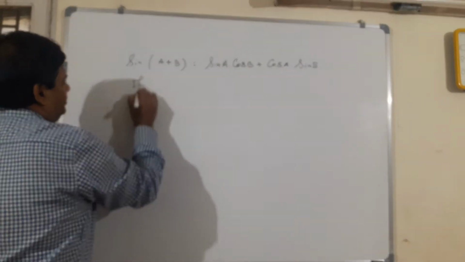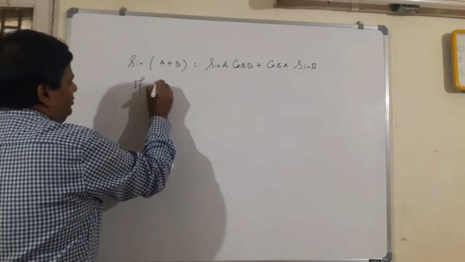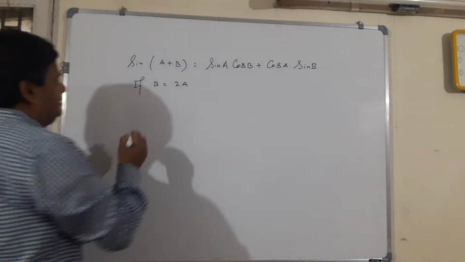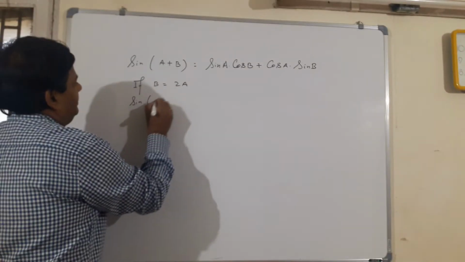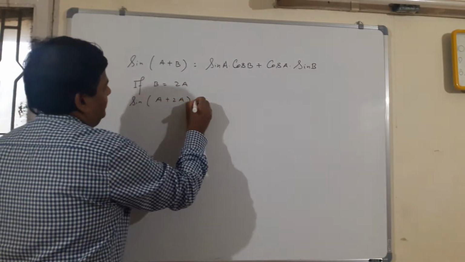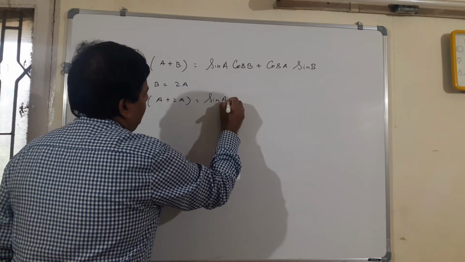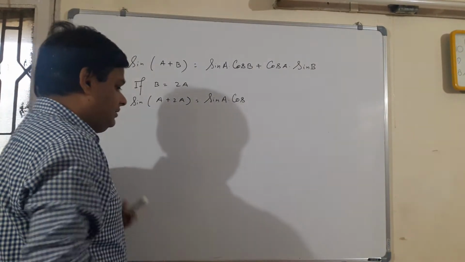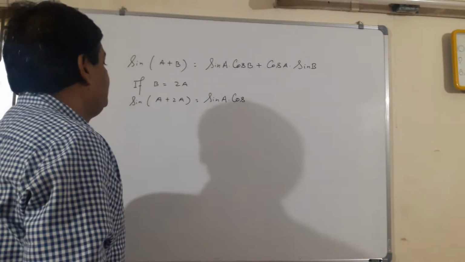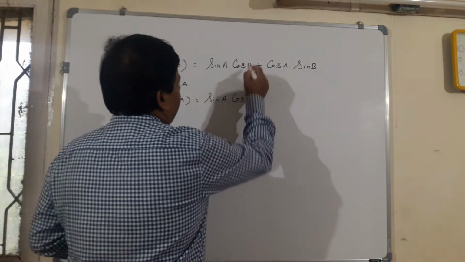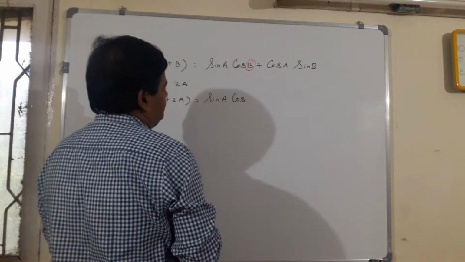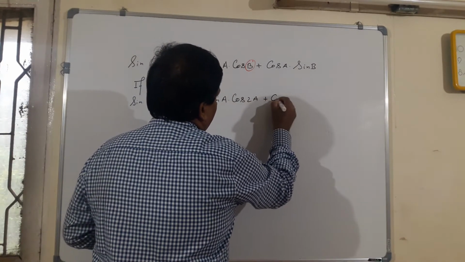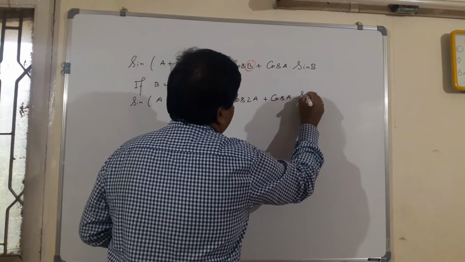Here we can take b equal to 2a. In place of b, I am writing 2a. So sin(a plus 2a) is equal to sin a into cos 2a plus cos a into sin 2a.